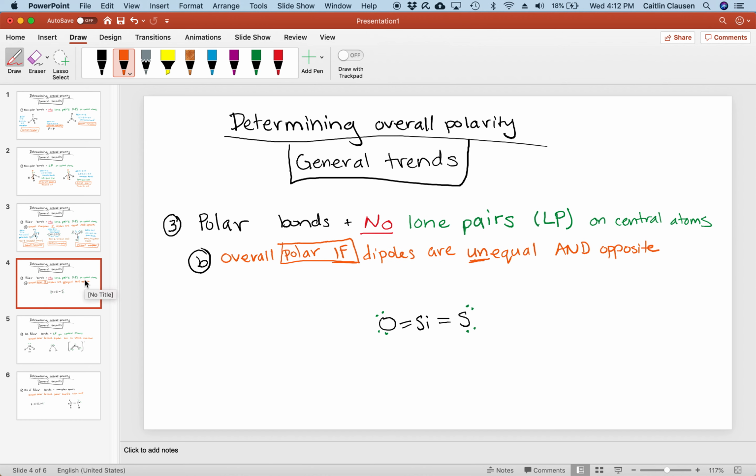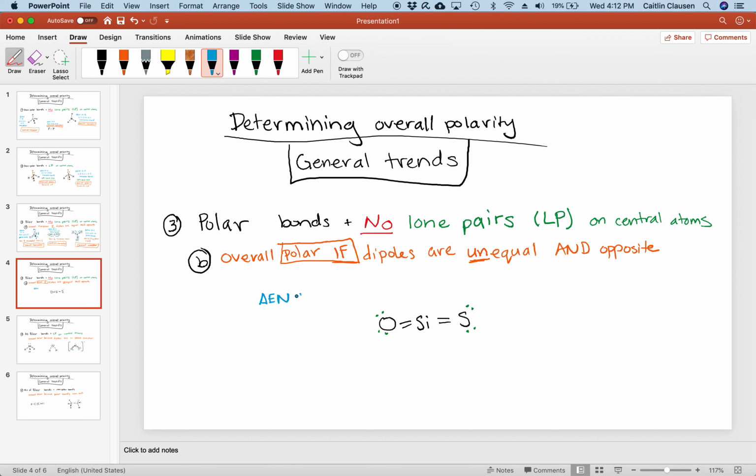Another type is when you have polar bonds and no lone pairs on the central atom, or atoms again, but now we have unequal vectors that are going in opposite directions. In these cases, we now have to calculate the delta En for each bond type.